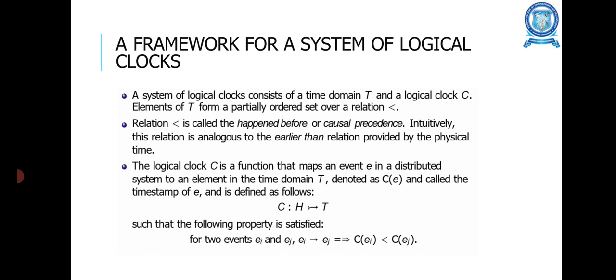There are two events, Ei and Ej. If Ei tends to Ej, that means Ei occurs before Ej occurs. That is, the logical clock of the event C of Ei is less than C of Ej. That means the event Ei occurs first.